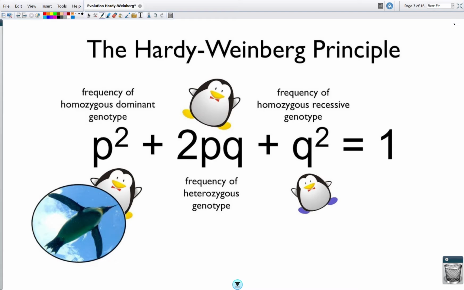A couple of things to keep in mind as we talk about the Hardy-Weinberg principle: sometimes it's known as Hardy-Weinberg Equilibrium.